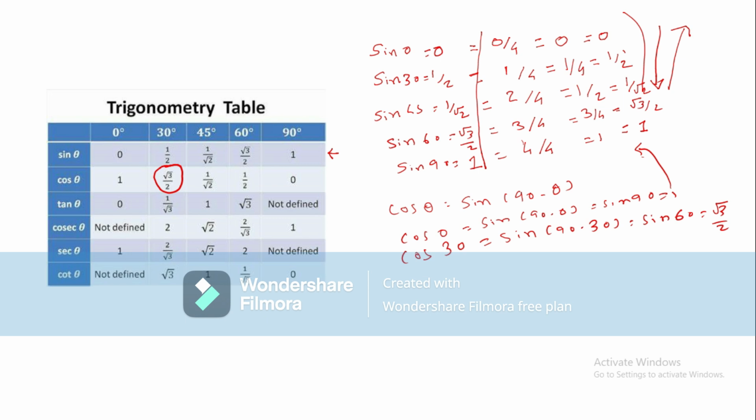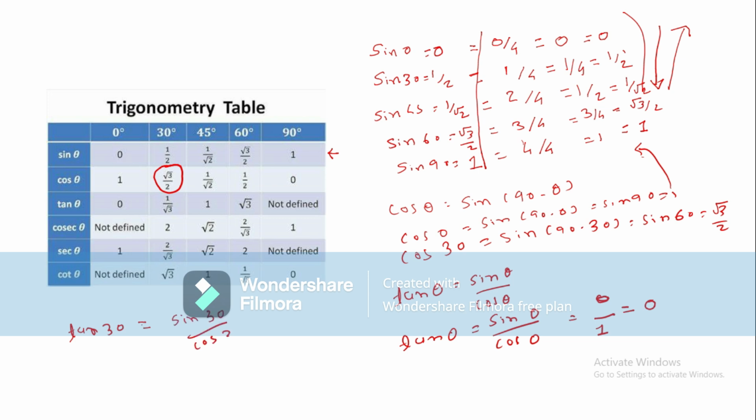Now, how will we define tan theta? Tan theta is equal to sine theta divided by cos theta. So tan 0 is equal to sine 0 divided by cos 0. Sine 0 is 0, cos 0 is 1. So the value of tan 0 is 0. Similarly, if you want to find the value of tan 30, tan 30 is equal to sine 30 divided by cos 30.